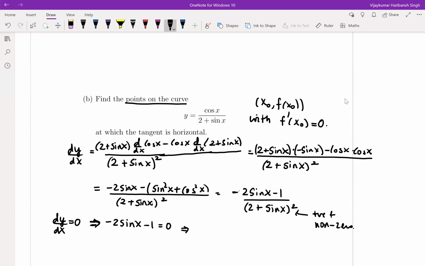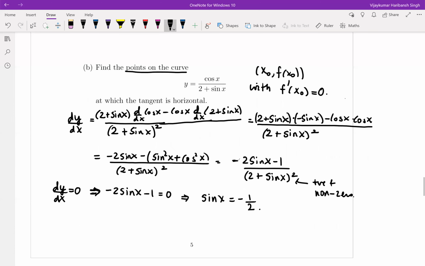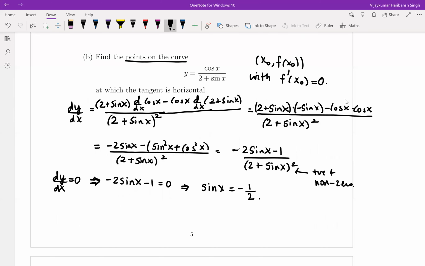This gives me sine x equals minus 1/2. Now, what values of x give you sine x equals minus 1/2? So you get x equals minus pi by 6.